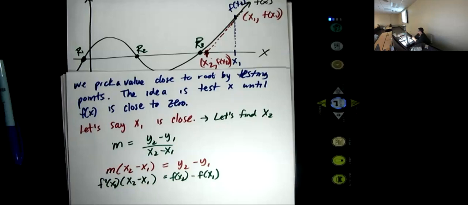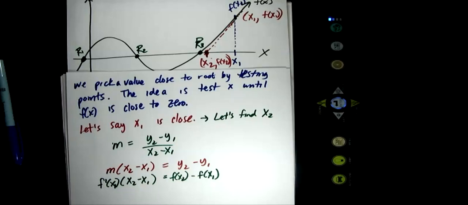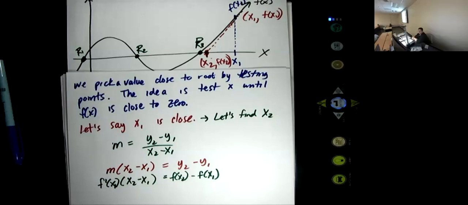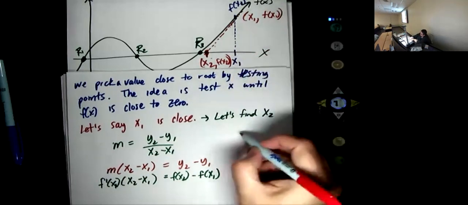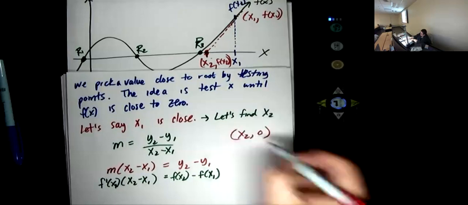We're looking for x2. f of x2, we know f of x2. Why? What is it? 0. It's 0, right? f of x2 is 0, so that's really x2, 0.